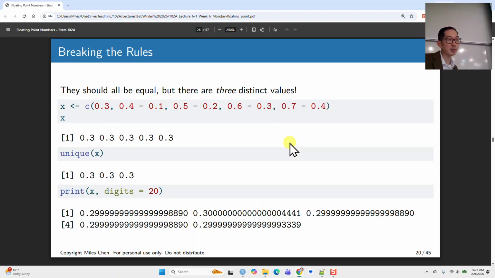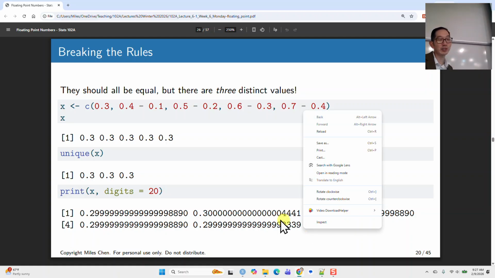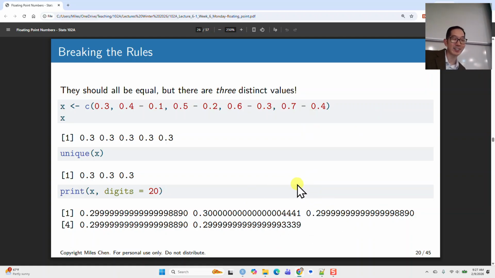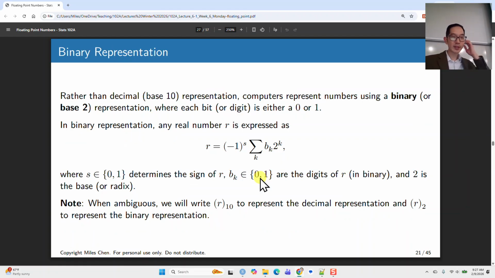But on the computer, this results in three unique values: a 0.29999 ending with 8890, a 0.300 ending with 4441, and a 0.2999 ending with 3339. That's weird.